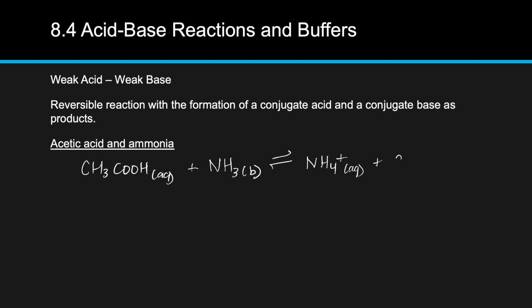And then we're going to have acetate, CH3COO minus. So our acid and our base are weak, so they're not going to dissociate. So this is the equation. We don't do anything with it. Nothing can dissociate into constituent ions.